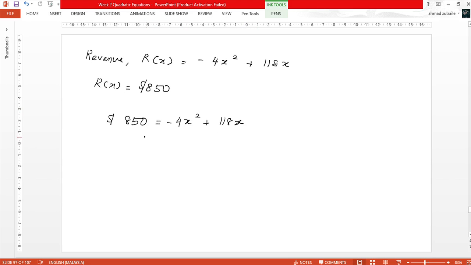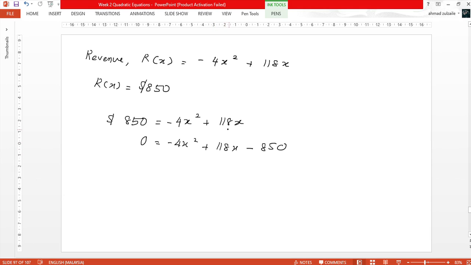So definitely we are going to move this 850 to the other side. So negative 4x squared plus 118x minus 850. Right? So over here, you can use either the quadratic formula, or you can simply press your calculator.